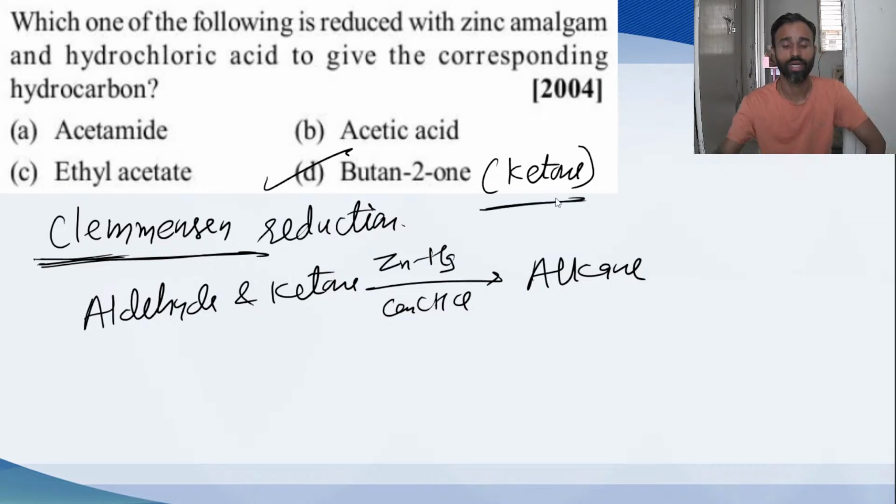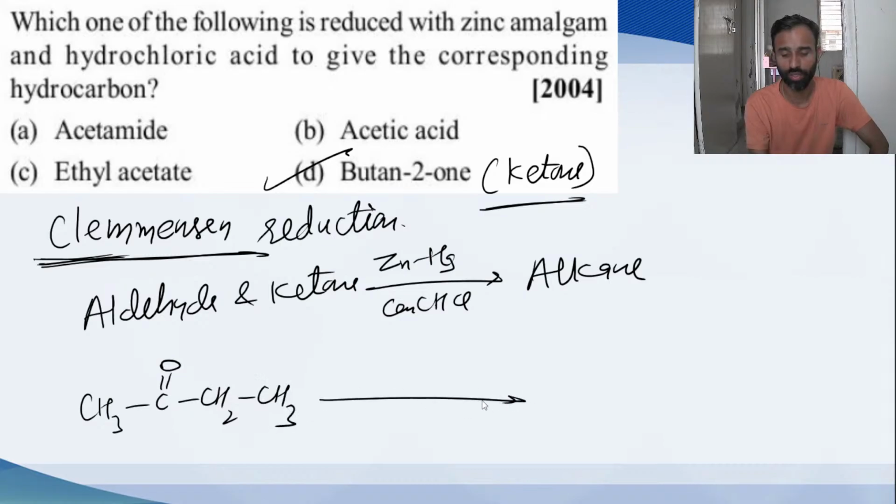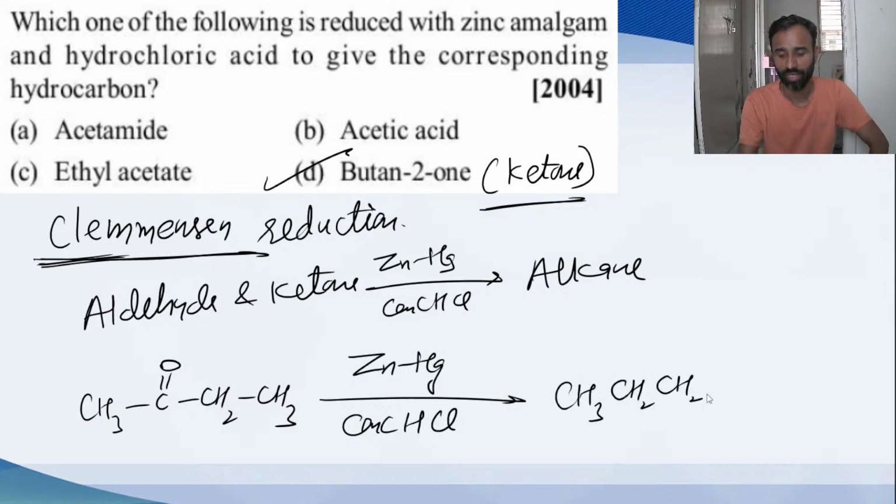So butan-2-one in the presence of zinc amalgam and concentrated HCl, we get butane. Option D, very good.